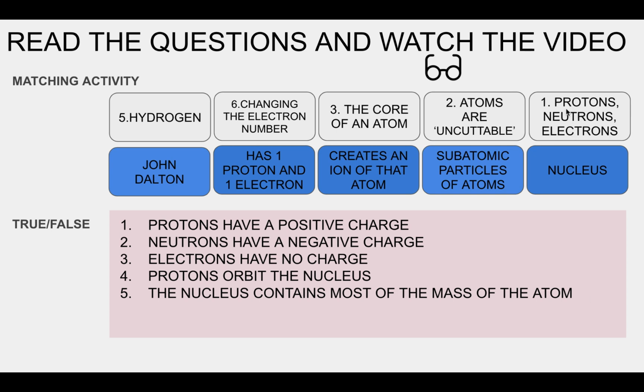Start with number 1: protons, neutrons, electrons. Which one of these blue cards does protons, neutrons, and electrons match with? Is it John Dalton, who's a scientist? Is it has one proton and electron, creates an ion of that atom? Is it subatomic particles of atoms? Or is it the nucleus? When you watch the video in a bit, it'll become obvious, but the match here is that protons, neutrons, electrons match with subatomic particles of atoms.